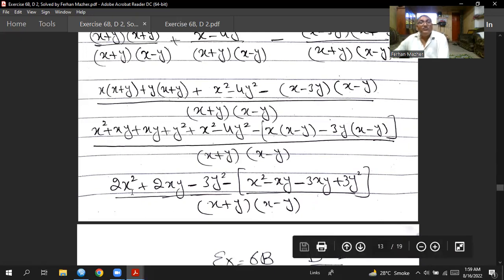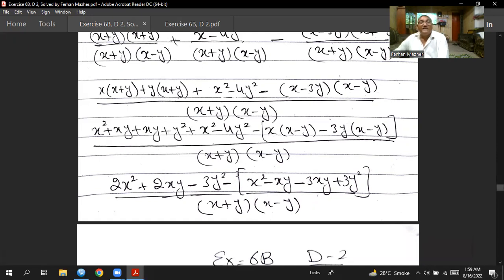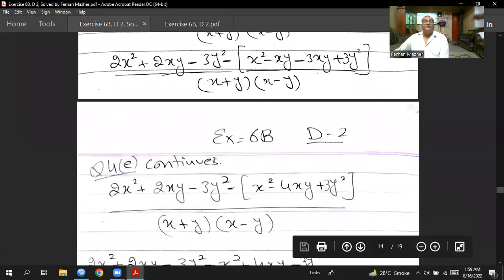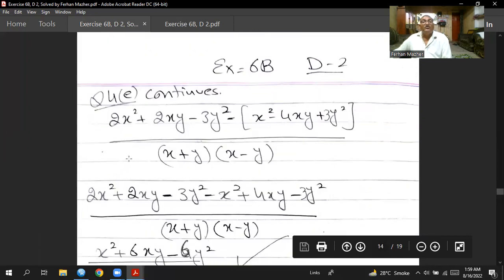So you are left with 2x square plus 2xy minus 3y square, minus, due to this negative, I put a bracket here. So you will have x square minus xy minus 3xy plus 3y square. So you will have 2x square plus 2xy minus 3y square minus, in the bracket, x square minus 4xy plus 3y square, square bracket close.